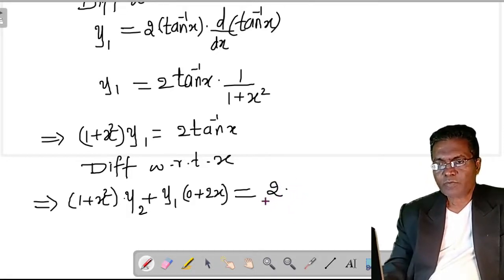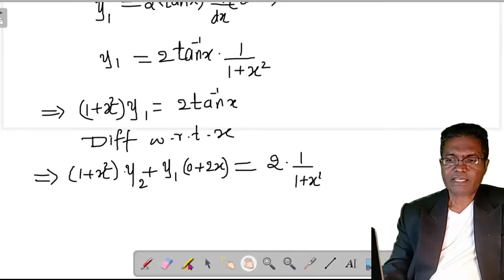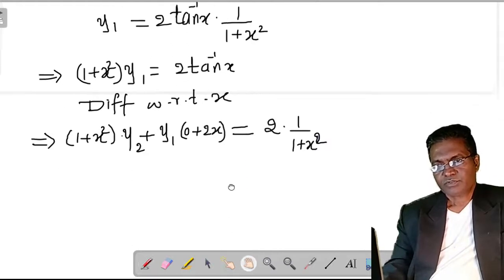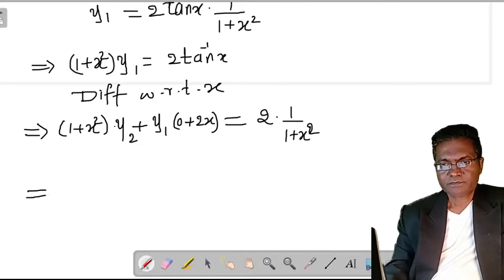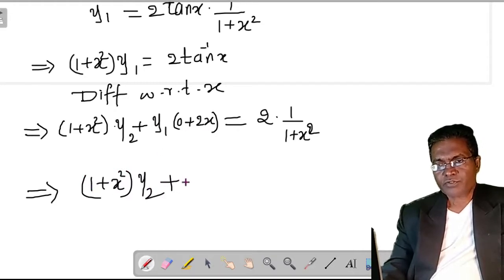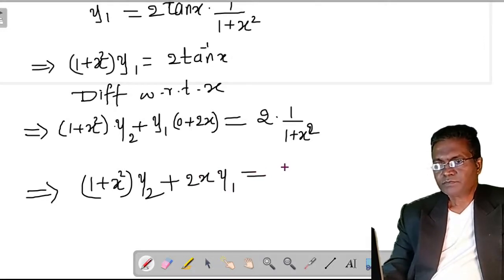So you can write 2 by 1 plus x square. Okay, so one more step. So you can write 1 plus x square y2, so 2x into y1 is 2x y1, which is equals to 2 by 1 plus x square.